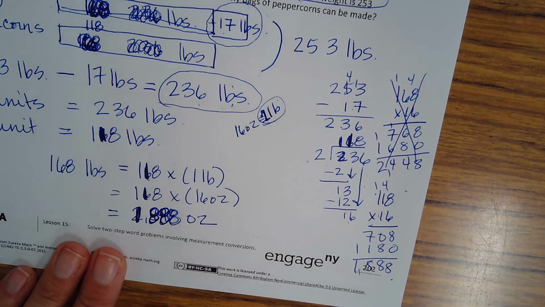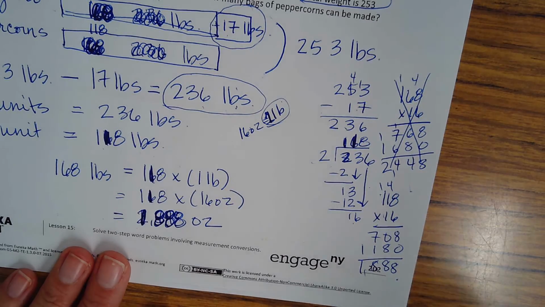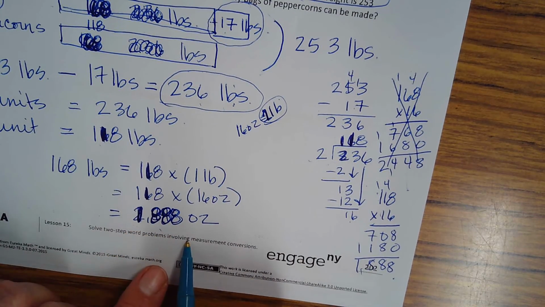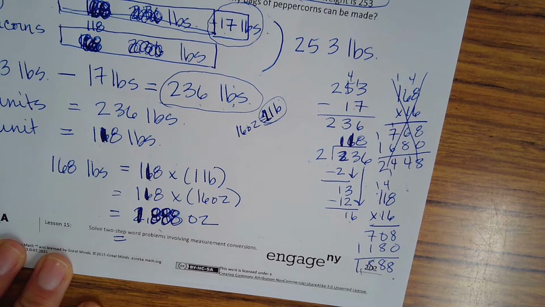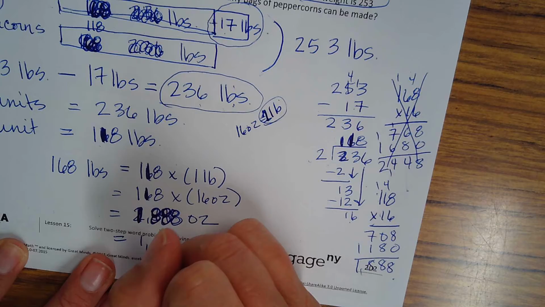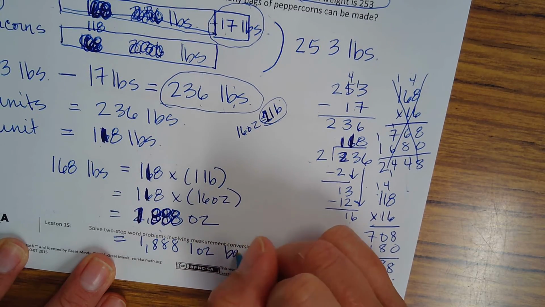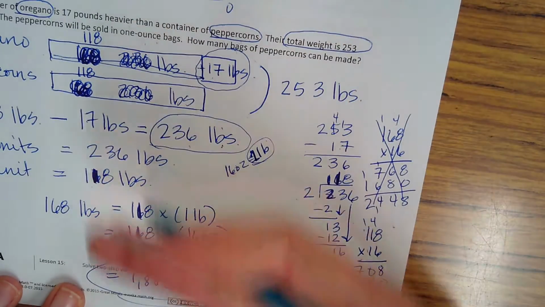Now, since they are sold in 1 ounce bags, how many bags of peppercorns can be made? 1,888 1 ounce bags. Excellent. I'm glad we worked through this together.